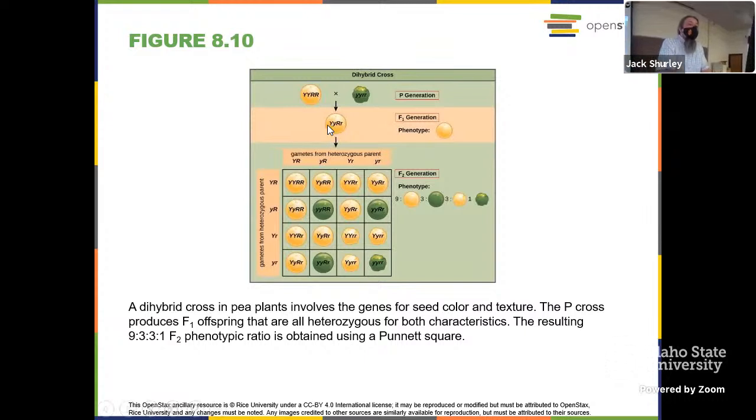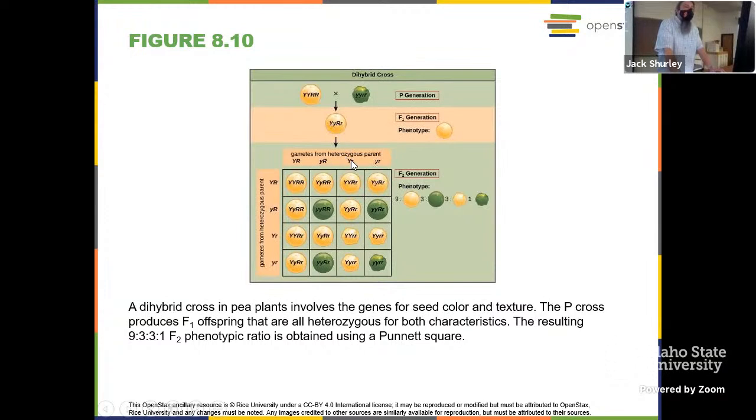If we start with the capital Y, and I bring it down, 1 big Y, you can't have 2 of the same letters together, not in your sex cells. They have to be different. But we've got 4 potentials. So big Y to big R, that's my first one. Little y to big R is my second one.